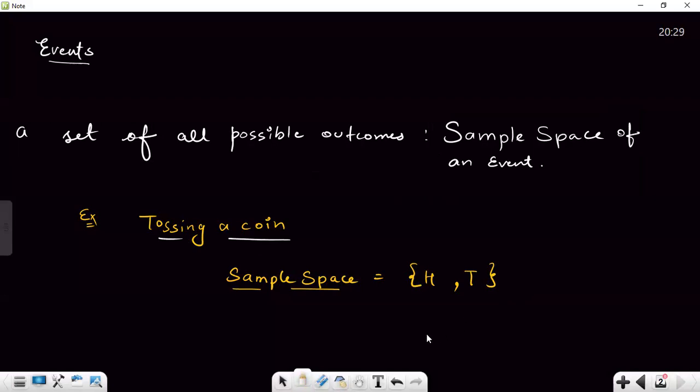Let's now talk about tossing a coin a little more because we are going to look at this repetitively in multiple questions. Technically, this particular element is one outcome when we toss a coin, so it will be known as a sample point. And this too is a sample point.